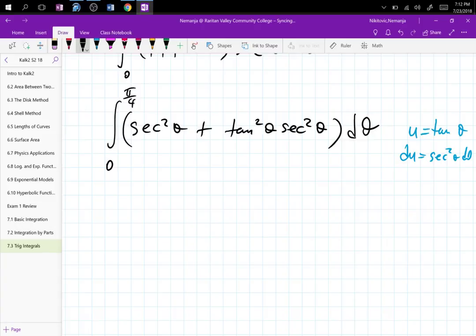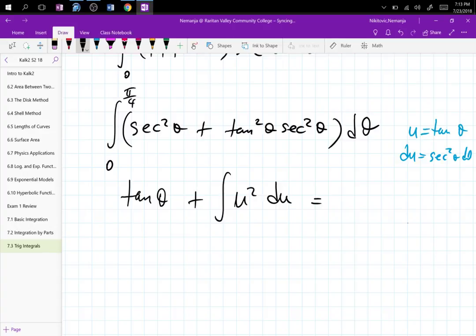Now, what is the integral of secant squared? That's just tangent, right? The derivative of tangent is secant squared, so the integral of secant squared is tangent. So the first integral is just tangent theta, plus, for the second one, you have the integral of u squared du.